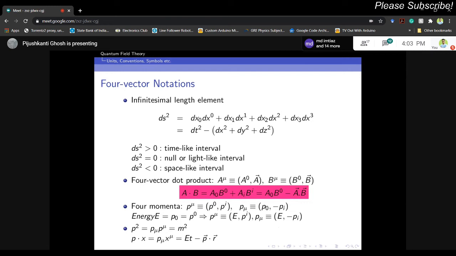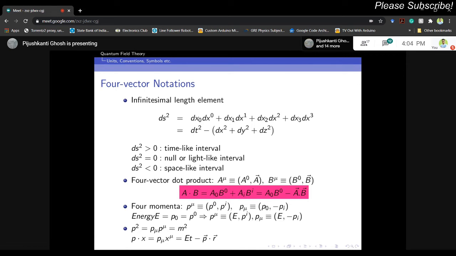P mu P mu would be m square c square, but here c is 1. Give me a little more detail, the in-between step. You are right that P mu P mu is equal to m square, but in between, it will be E square minus p square.